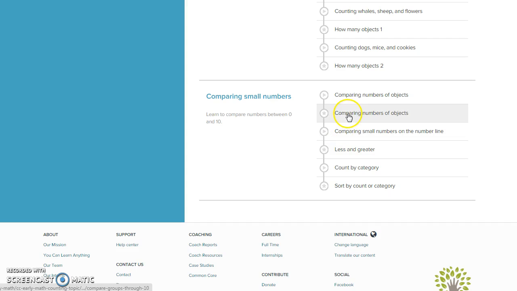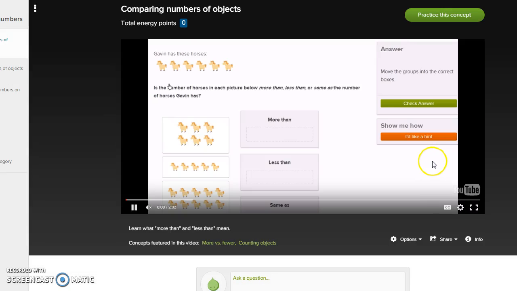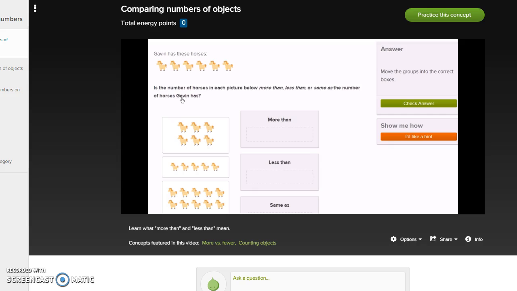And so now I can go back and watch a video on comparing. And now it's going to tell me what I need to do. I can watch this video. It lasts about 2 minutes. It's not a lot of time at all. And I can journal this, and that's going to show a sequence of how counting is sequential.